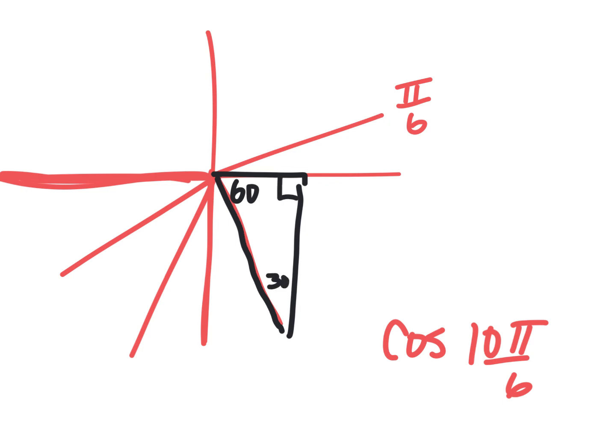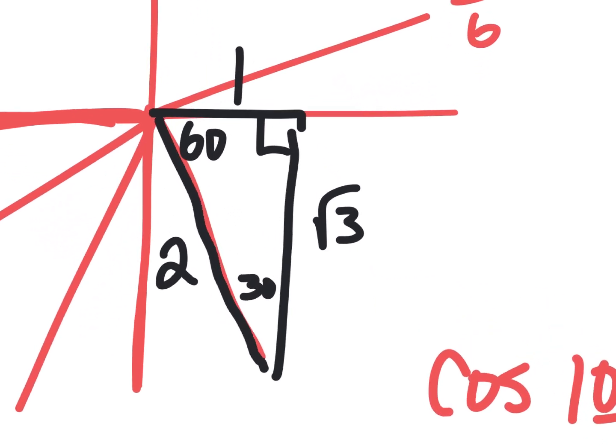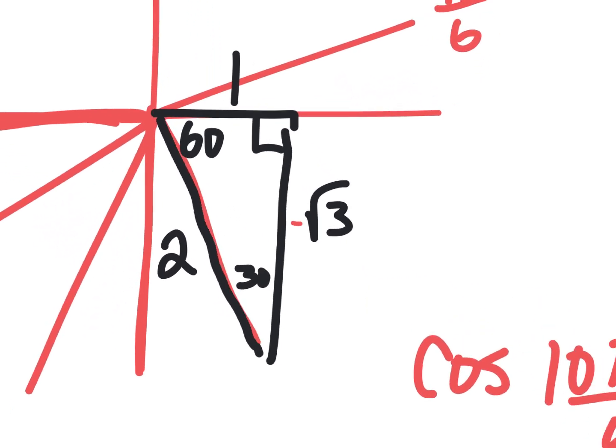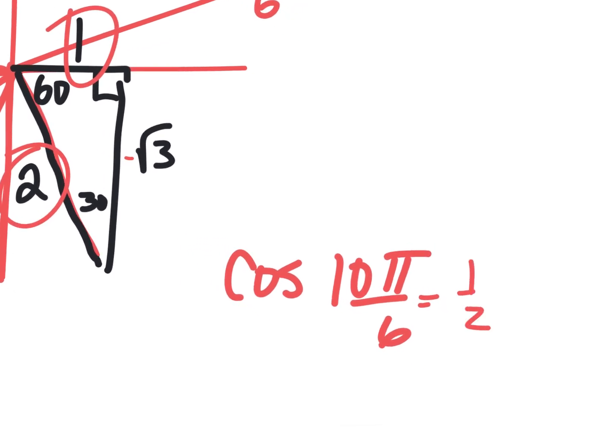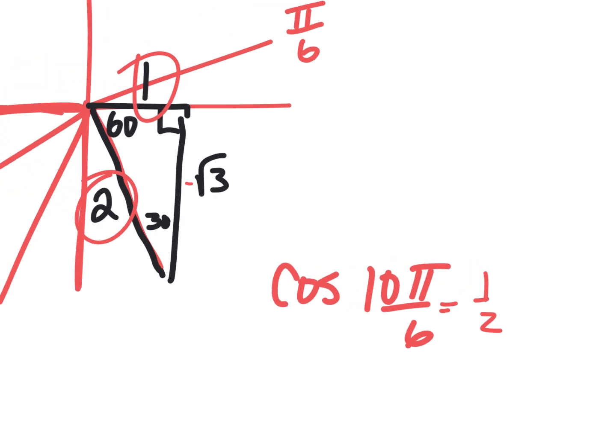I always go across from the 30 and put a 1. Then the hypotenuse is 2, and this must be square root of 3. And I'm going to put in a negative only on this one. Cool. Then cosine is adjacent over hypotenuse. Adjacent, hypotenuse, 1/2. Raise your hand if you had 1/2 for that one. Cool. Any questions?